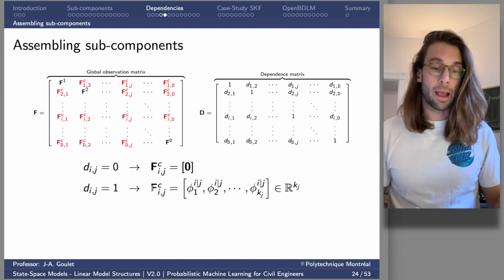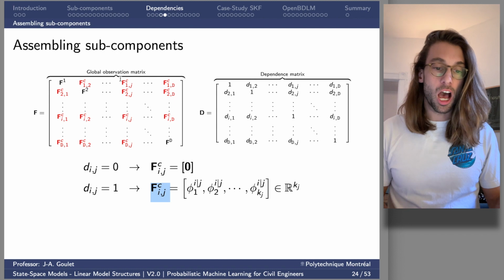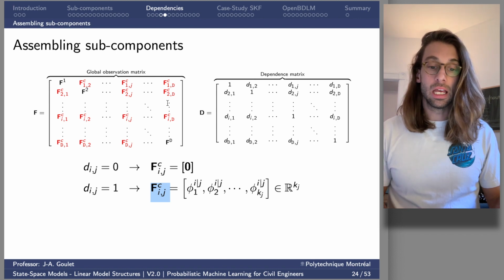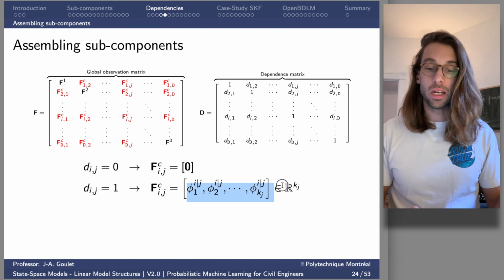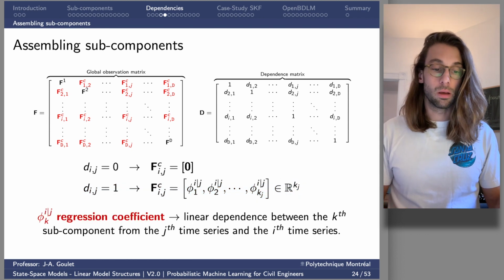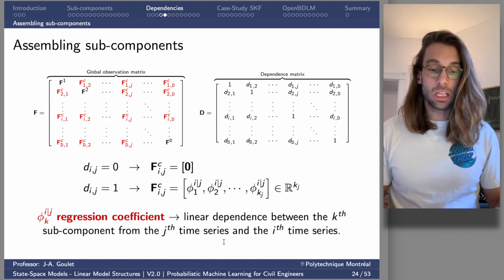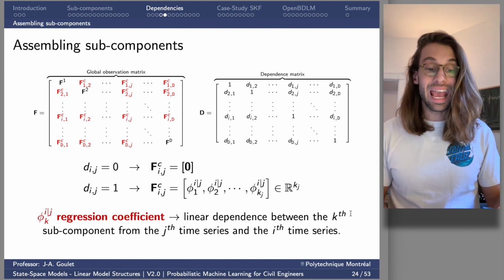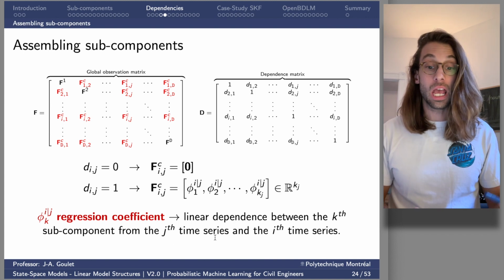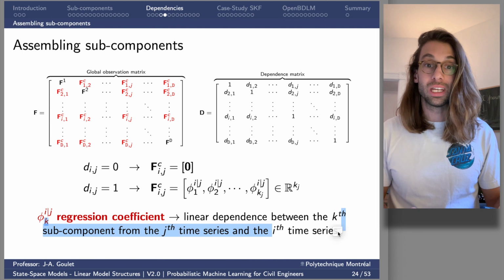So it means that my observation matrix for my off-diagonal terms ij is going to be a vector of regression coefficients, each defined in the real space. Okay, so phi ijk represents the linear dependence between the kth subcomponent from the jth time series and the observed response for the ith time series, okay?